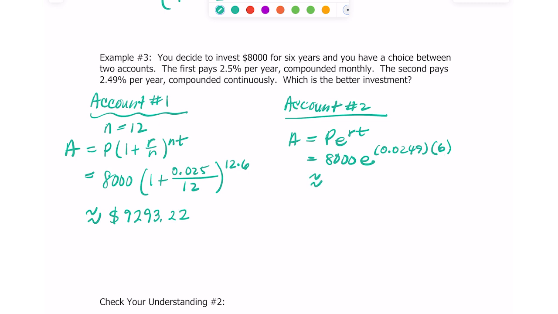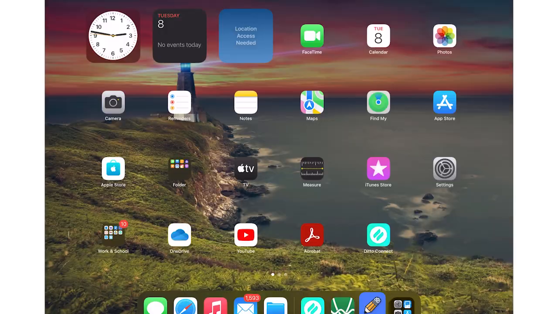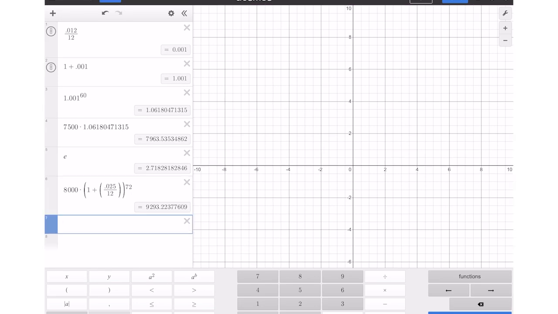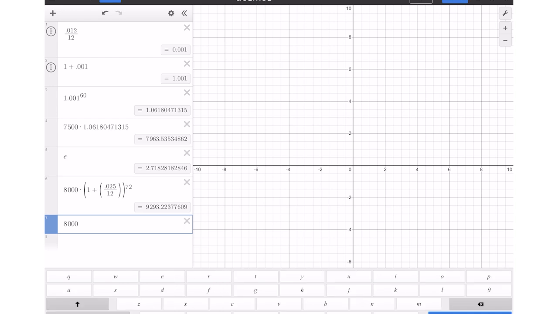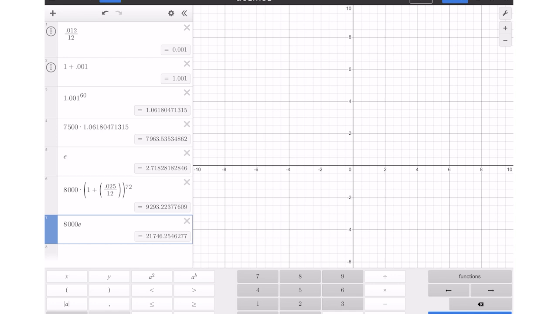Now I'm just going to punch this in here. I've got 8,000. To access the e button, Euler's number, I have to click the keyboard and hit the e and then hit the numbers again. Then it's the a to the b button for the exponent. My exponent this time is going to be 0.0249 times 6.